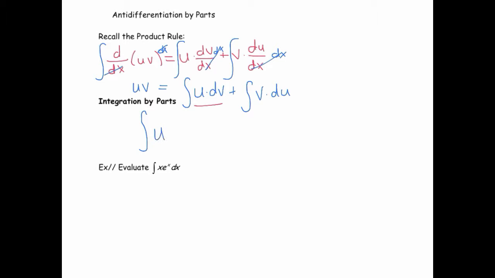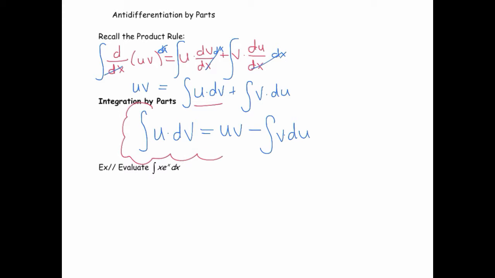So the integral of u dv equals, swapping places with the uv and that guy, uv minus the integral of v du. I kind of snuck that algebra in there, but if you solve for the integral of u dv, you should get that it is equal to uv minus the integral of v du. So this is integration by parts.